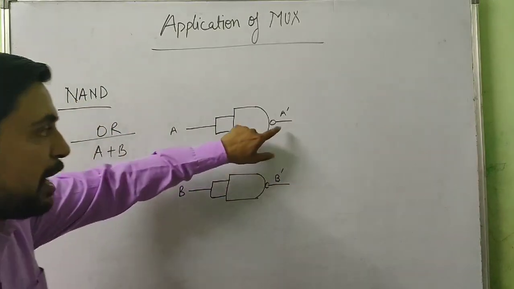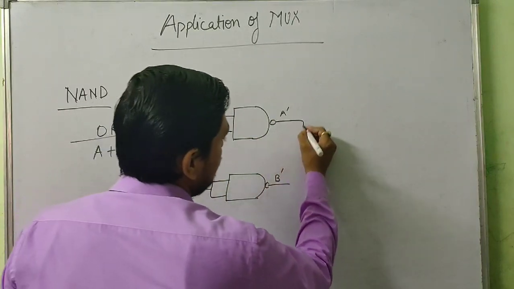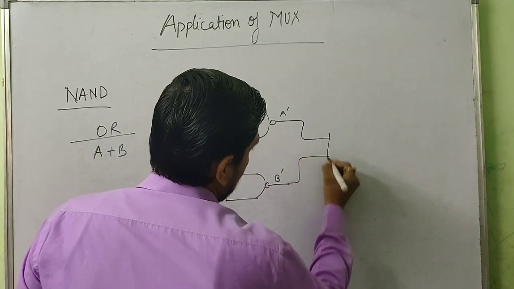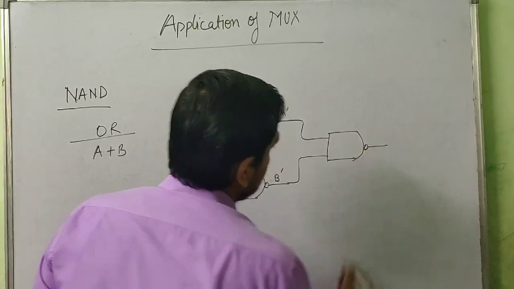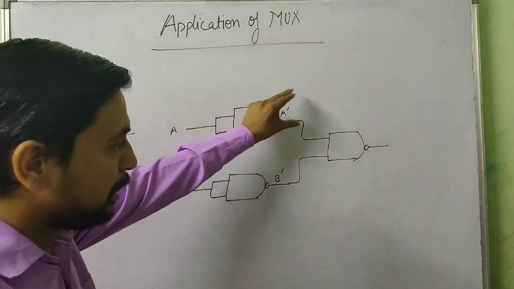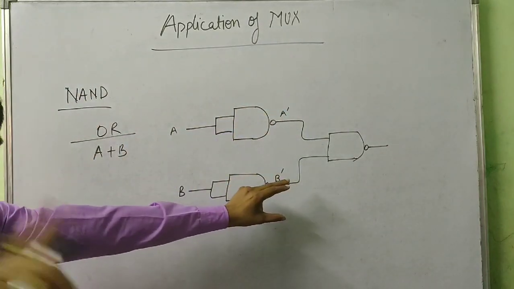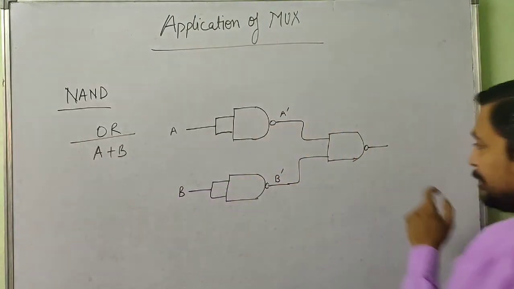Now if we perform a NAND on these two, A complement and B complement, we will get A plus B. So a NAND operation on these two, and hence you will get the result. You can check it out. This will be A complement, this will be B complement according to the first NOT gate that we have created. Now both the results we are passing to this NAND.